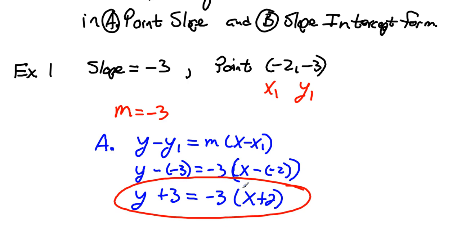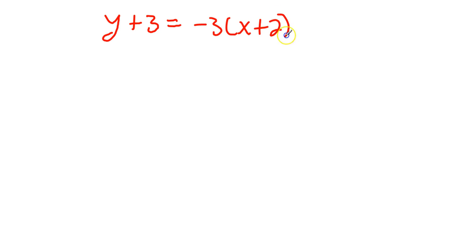Okay, part B then is we're going to take this equation we've got here and rewrite it so it's in slope-intercept form. So let's take that to the next page. Okay, so that was our answer from part A. Part B then is we're going to do two things.